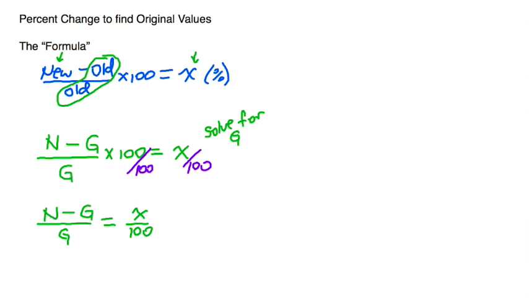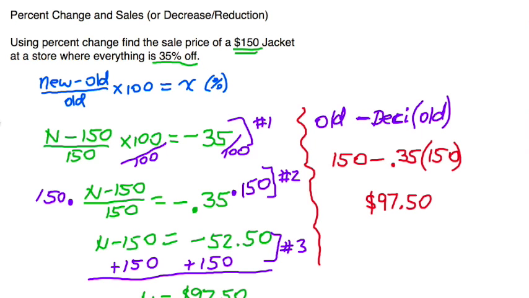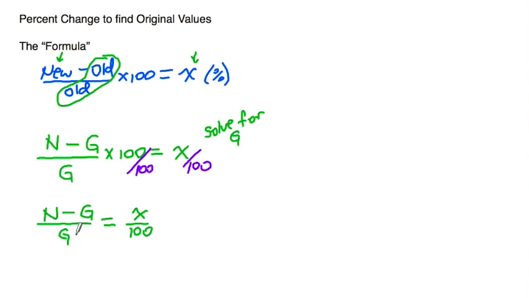The next step, after step number 1, dividing by 100, step number 2 was getting rid of this number in the bottom here, so multiplying both sides by that common denominator. So back to this page.